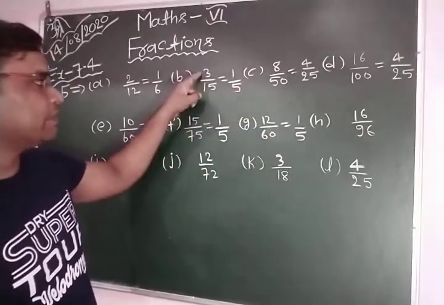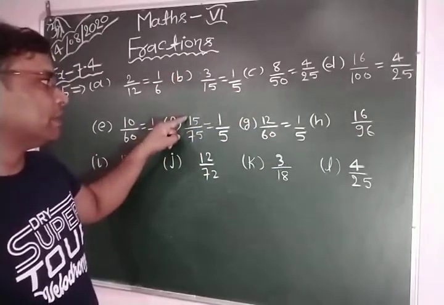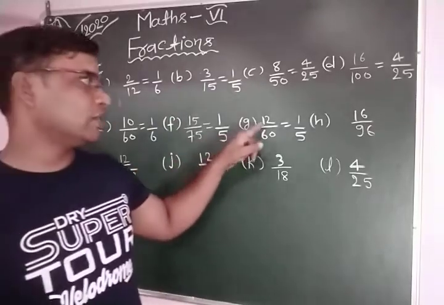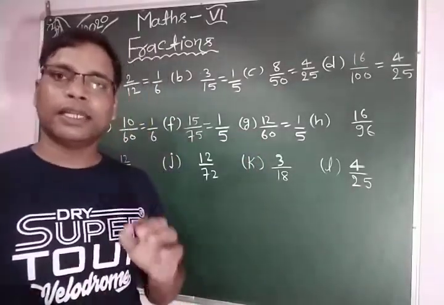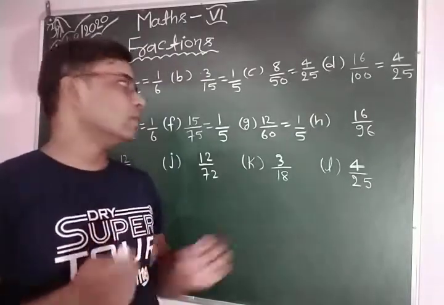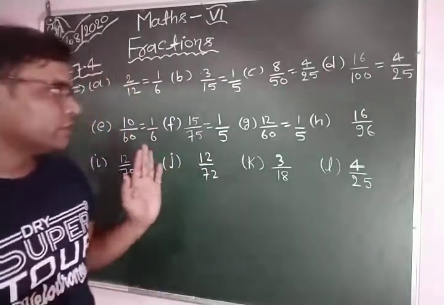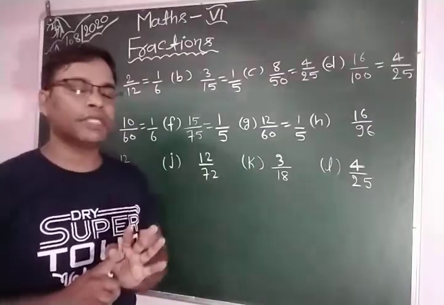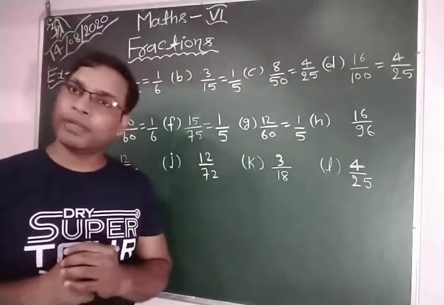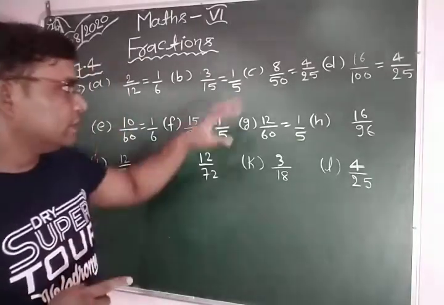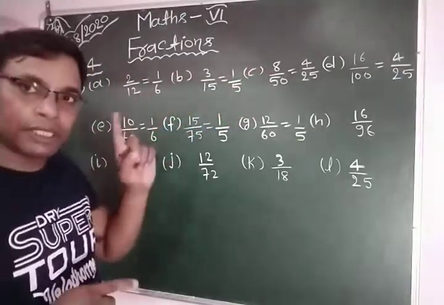It means that 3 by 15, 15 by 75 and 12 by 60 are equivalent fractions, and if you simplify them, you obtain 1 by 5 for each. So in this way you can say 1 by 5, 3 by 15, 15 by 75, and 12 by 60 are equivalent fractions. All these are in the same group.